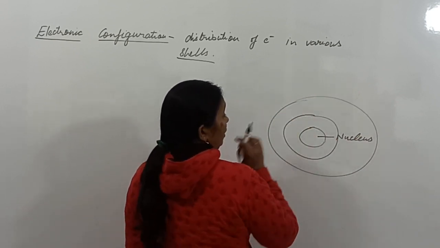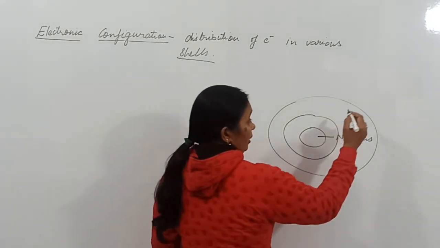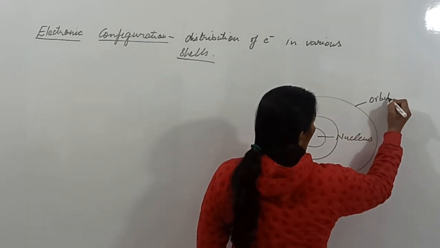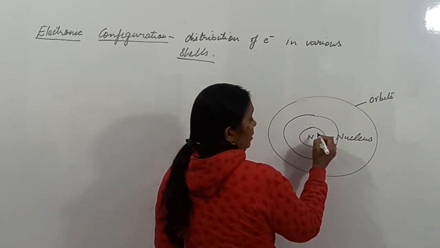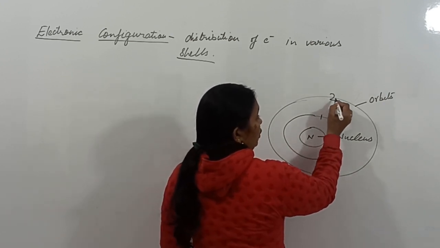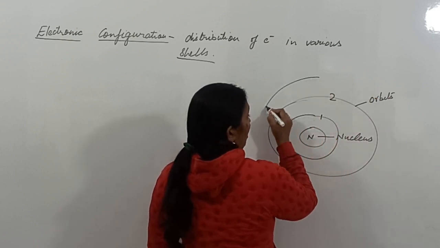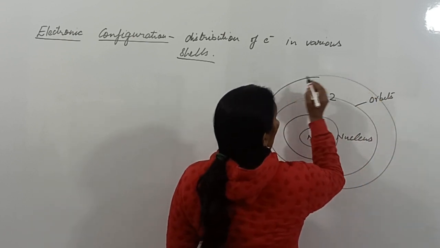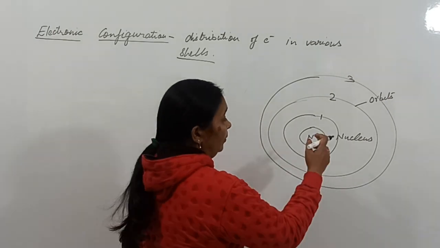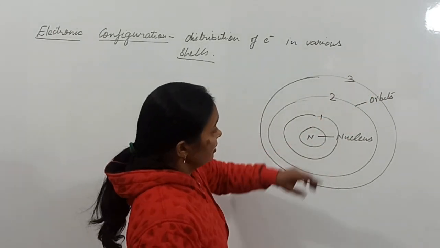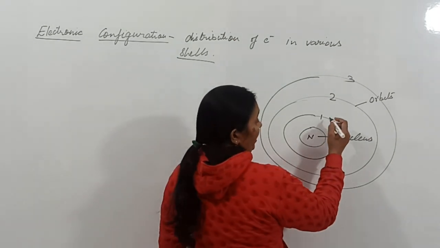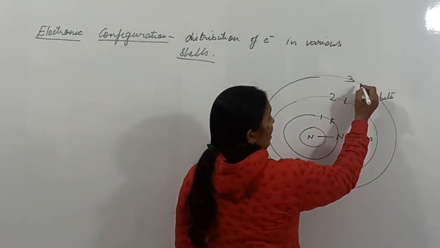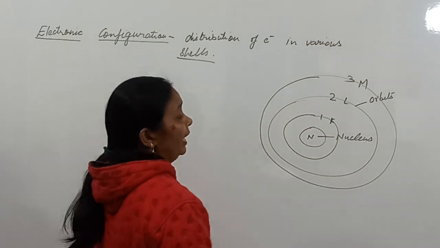Now, these orbits are numbered as, this is the nucleus N, orbits 1, 2 and 3. As we move from inside to out, this is the first shell, second shell, third shell, and we can also number them as K, L, M and further N shells.